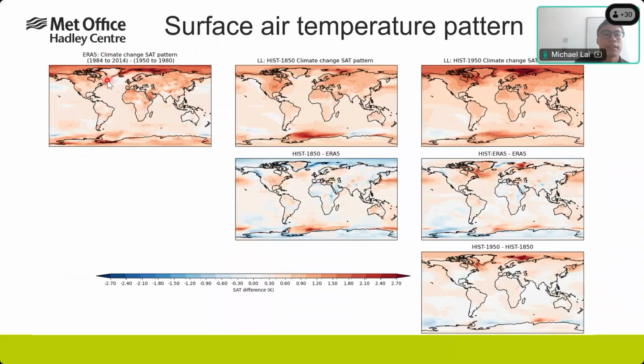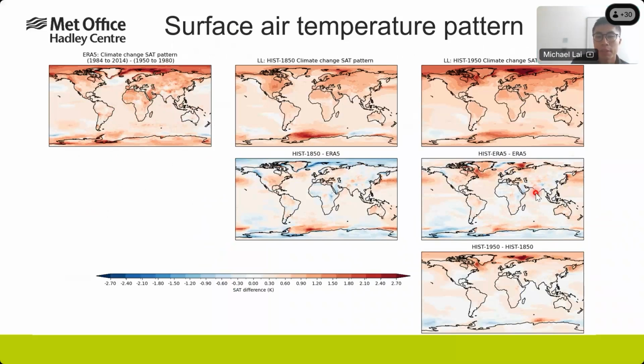So that's 1984 to 2014 minus 1950 to 1880. You can see this warming pattern everywhere across the globe, with the poles warming much quicker than the rest of the world, and this warming hole pattern across the North Atlantic that's probably quite familiar to most of you.